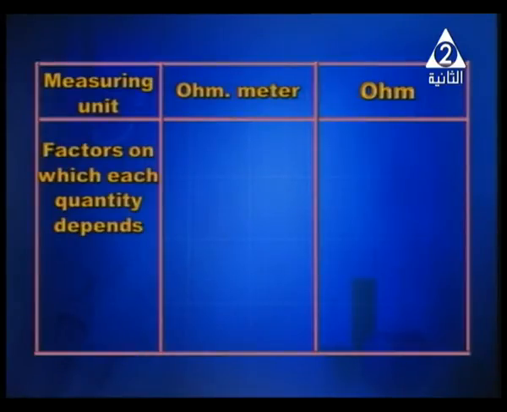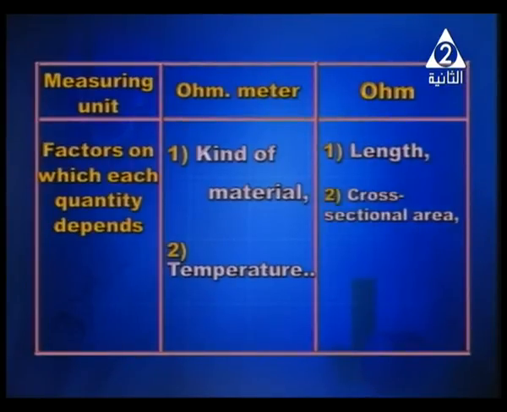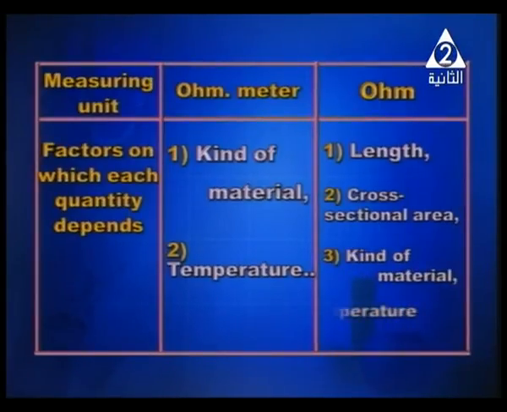The factors that affect resistivity are just two: kind of material and temperature. But there are 4 factors that affect the resistance of a wire: length of the wire, thickness of the wire or cross-sectional area, kind of material, and temperature. So there is a major difference between the factors affecting each quantity.